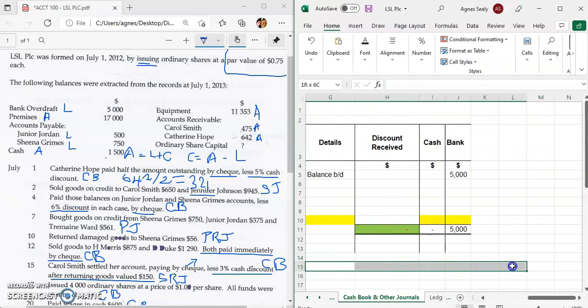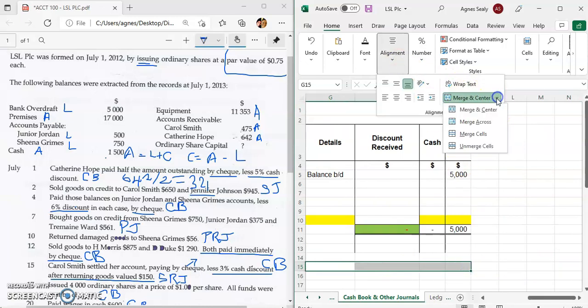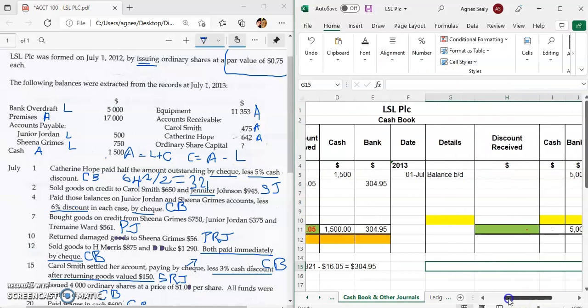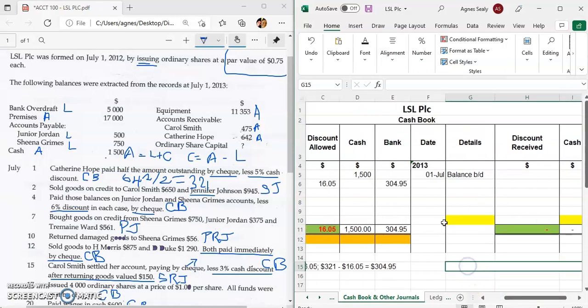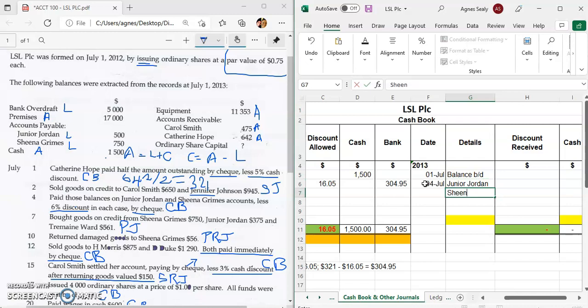So I'm going to do my calculation here for Junior Jordan. So this is on the 4th of July. And that's Junior Jordan. And also Sheena Grimes. And both of them are on the 4th of July. They're being paid.